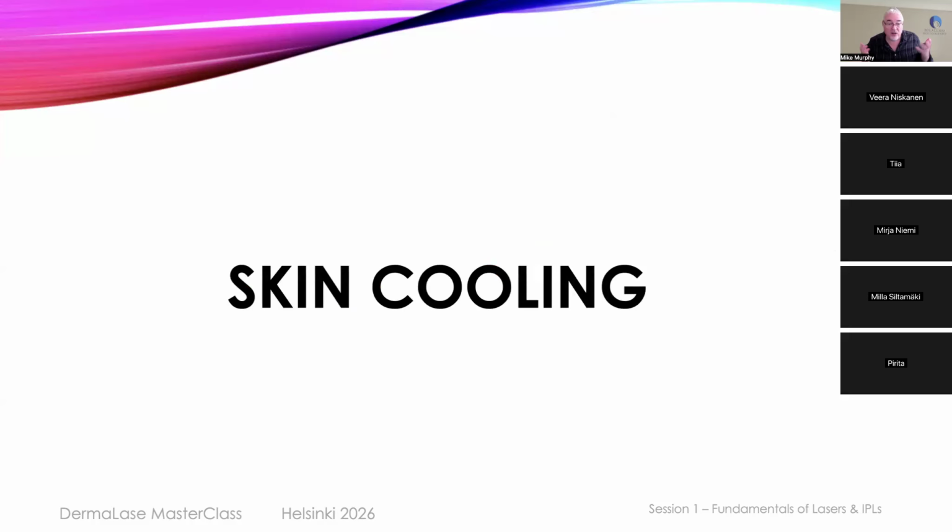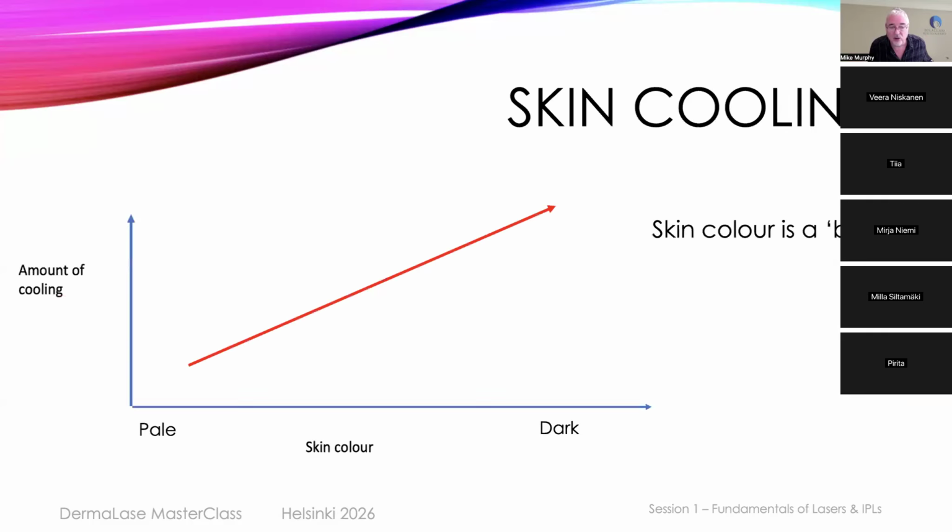Right, so if we're generating all this heat in the skin, then you've got to balance that with cooling. So I'm going to talk a wee section on cooling now. Basically, the way this works is quite simple. Skin color, like I said, is a barrier. If you have a pale skin color, then you don't get too much heat generated, so we don't need much cooling.